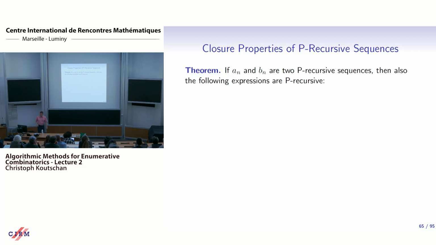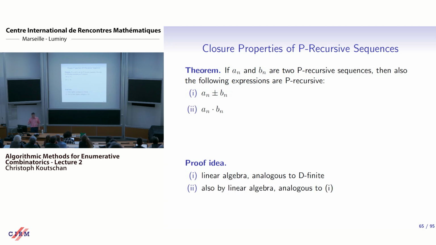Closure properties: if a(n) and b(n) are two p-recursive sequences, then also their sum is p-recursive, and the proof is the same as for D-finite functions. The product is p-recursive. And now, not the integral, but the indefinite sum, so the antidifference is p-recursive.